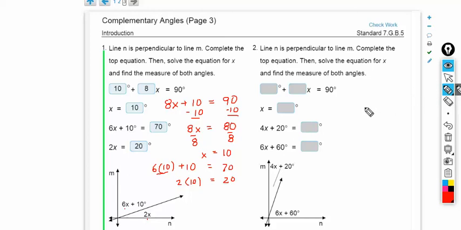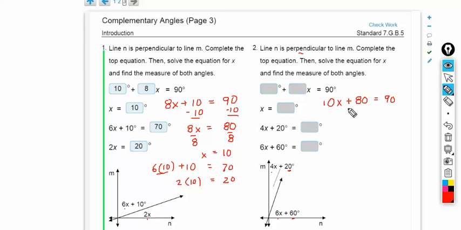Alright, this problem here, we have a 4x and a 6x. So 4x plus 6x equals 10x, plus 20 and 60, so that's 80, equals 90 degrees, because they're perpendicular, so they add up to 90.